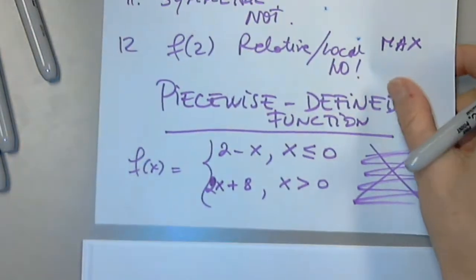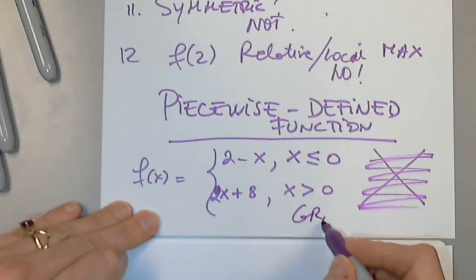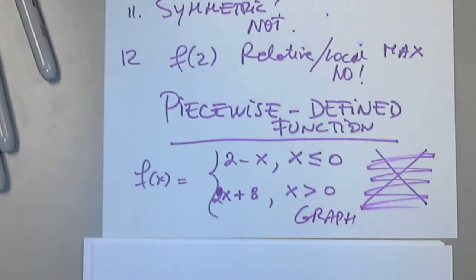So how do we start? Of course, the question is graph. How do we start? Whenever I'm asked to graph a function, what do I have to do first? Always. That's a key. That's the first step. Very important. Find the domain, on your axis.